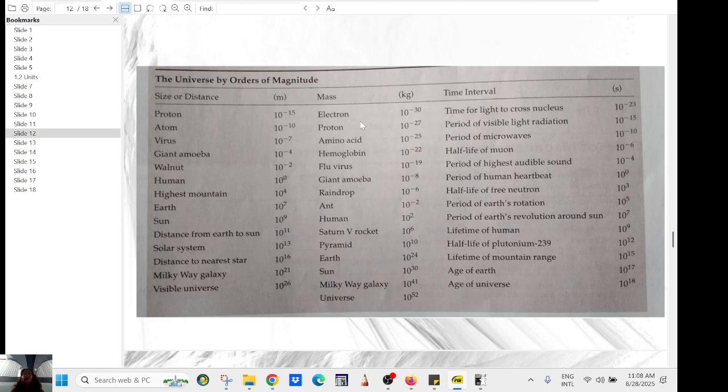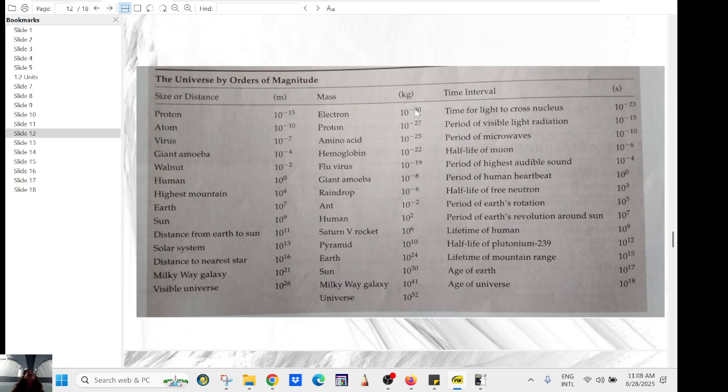So here you have the size of an electron. No, that's the mass. The mass of an electron and the mass of a proton. How do you go from one to the other one? 27 to 30? 3. So the factor is 1 with 3 zeros, 1,000.